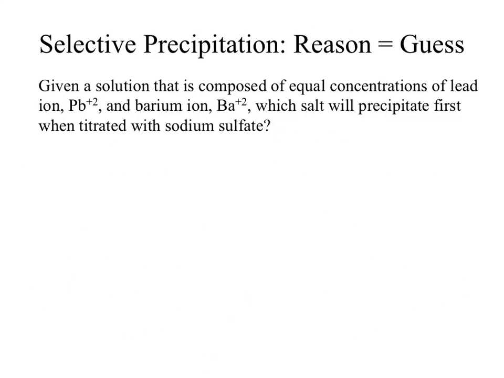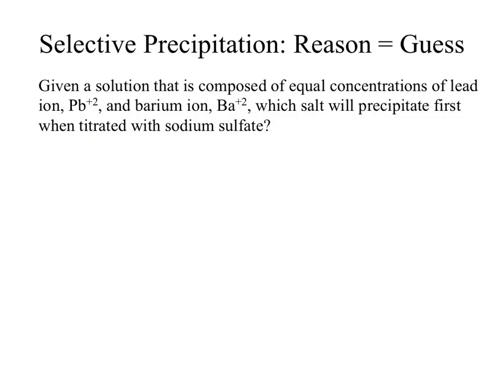So if we have a solution that has equal concentrations of lead and barium, so first off, we made it easier because equal concentrations and same charge. Okay? If the concentrations varied or the charges varied, we're looking at all sorts of extra calculations that we would have to run. So now we can just do a comparative analysis.